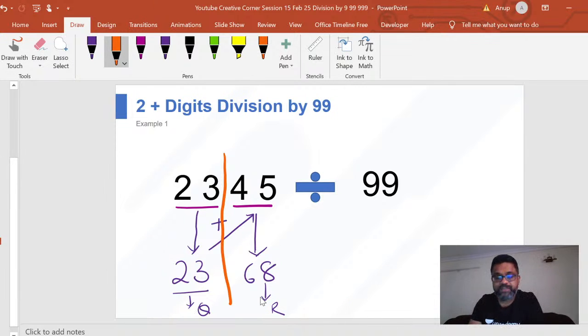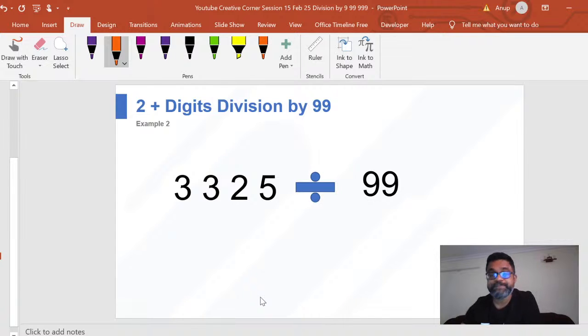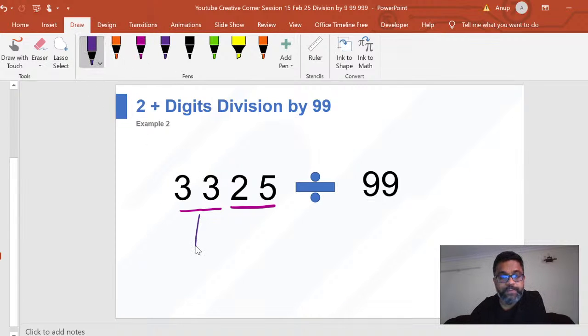Okay. So let's look at the second example here. I hope you can easily now figure out what I'm going to do, right? 2 digits here like this, right? Then I will bring this 33 down, right?